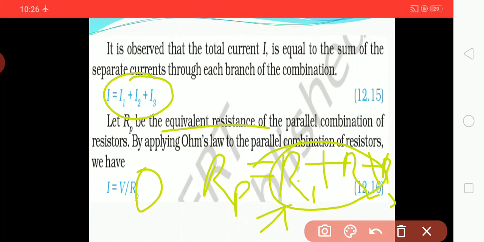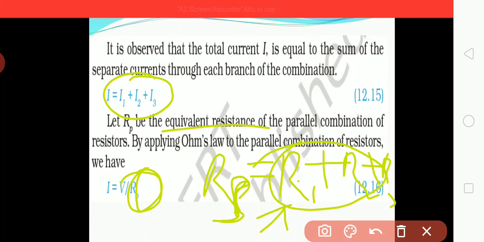For the series connection, the total resistance is R1 + R2 + R3, which we call Rs. But what about the parallel connection? For Rp we have to find something different.